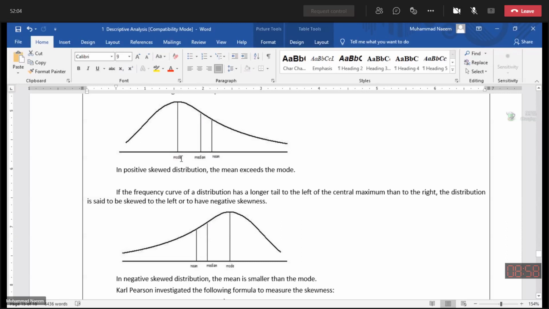To recognize a positively skewed distribution: when mode is less than median, or mode is less than mean, then definitely the distribution is positively skewed. All these three values will not be at the same point. We have the mean value on the right hand side, mode against the highest peak, and median in between these two values.